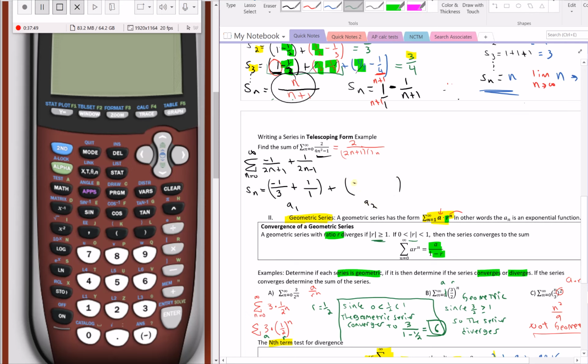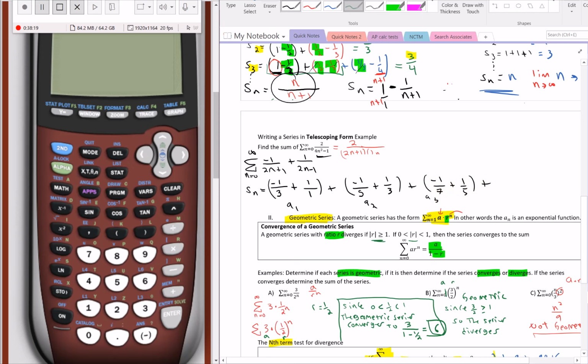If I plug in 2, I get negative 1 over 5 plus, plug in 2 there, I get 1/3. And then the next term would be plug in 3. That's going to give us negative 1 over 7 plus 1/5 plus, this keeps going on, right?